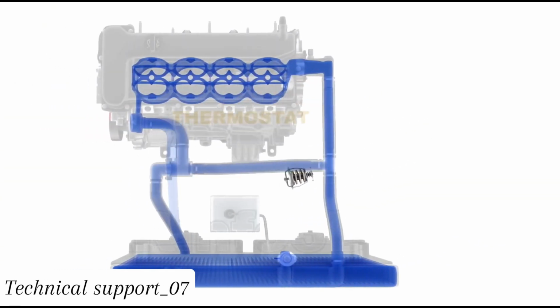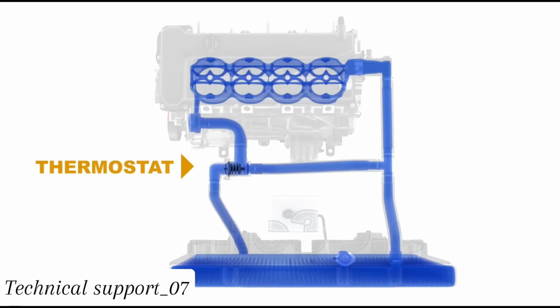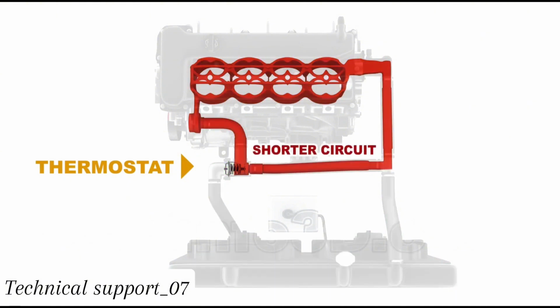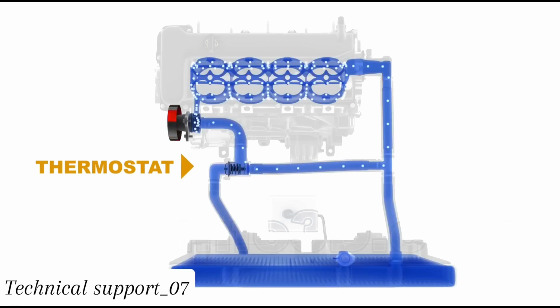The thermostat divides the system into two circuits, a longer one that uses the radiator and a shorter one where the radiator is bypassed. When the coolant temperature is low, it will circulate around the shorter circuit bypassing the radiator, thus allowing the engine to reach operating temperature more quickly.